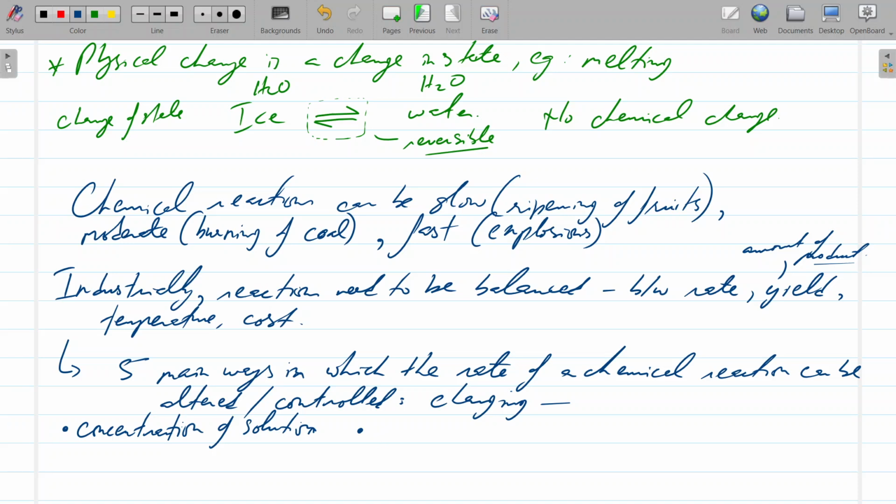Changing the pressure of a gas. So pressure applies to gases. The surface area of solids. So surface area applies to solids.